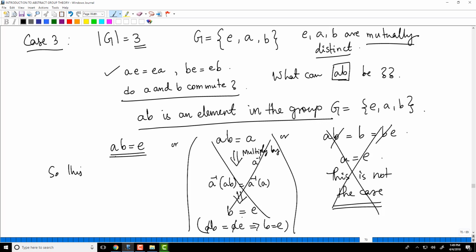So, this means that B is A inverse. Remember that if AB equals E, B is A inverse and automatically BA must be E. So, A and B commute.